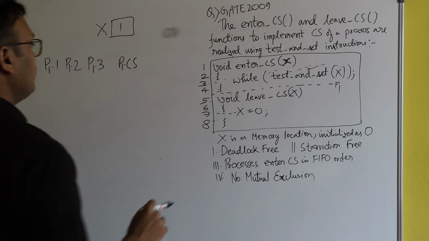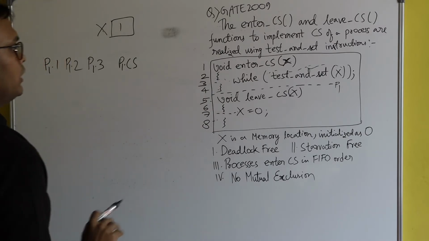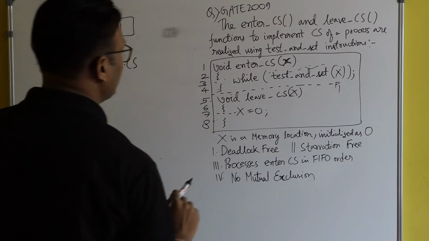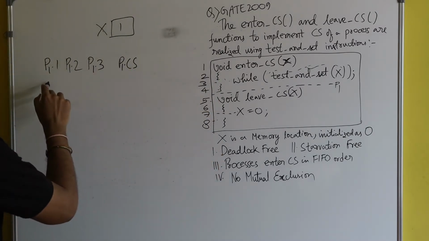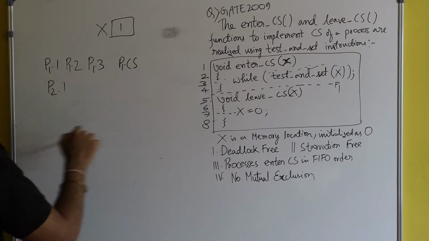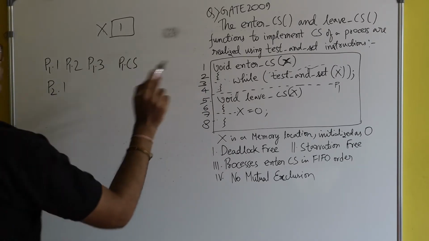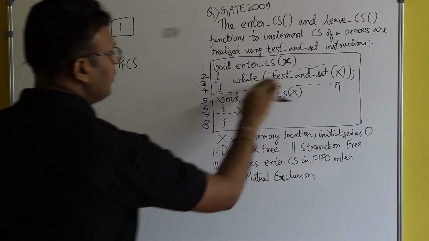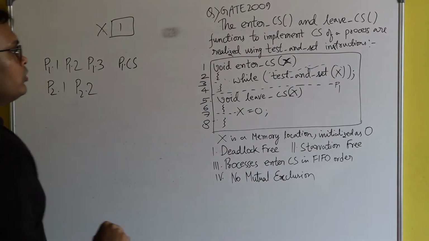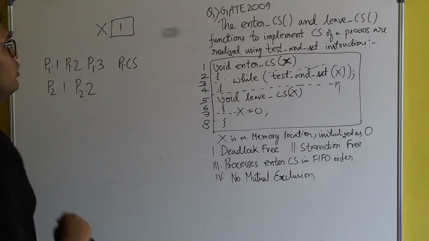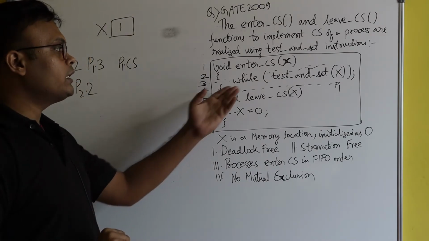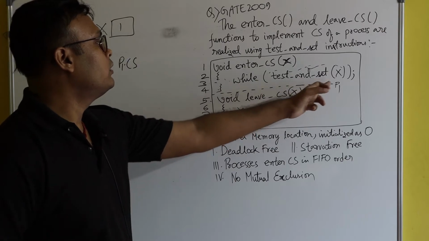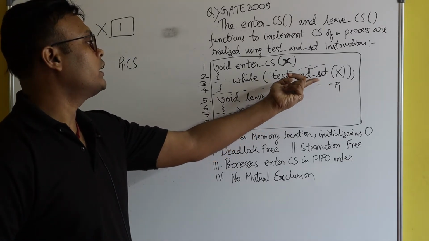So suppose P2 also wants to enter inside the critical section. So P2 now will execute line number 1, and then line number 2, and you see the value of x is equal to 1. And now the test and set instruction has been called.